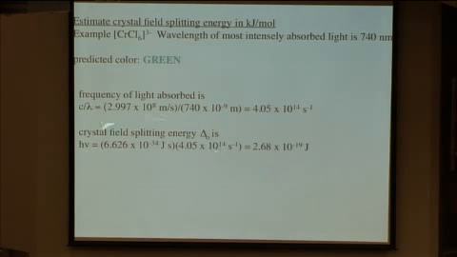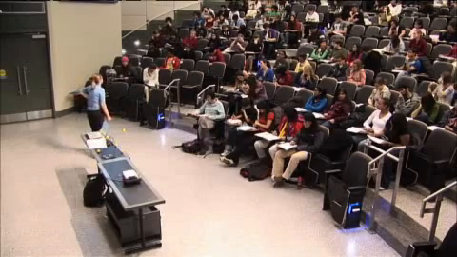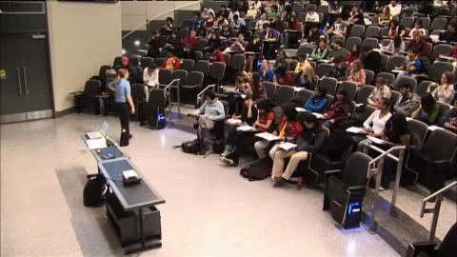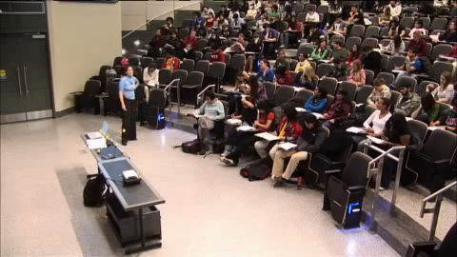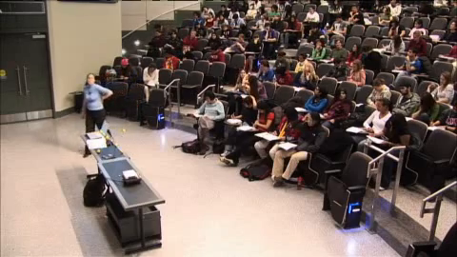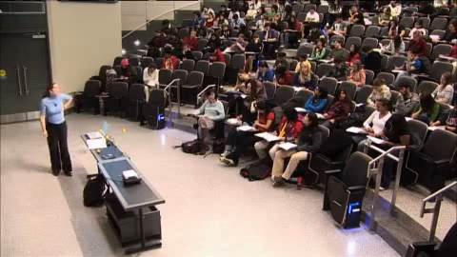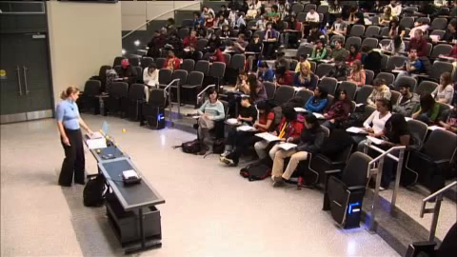And so we use Planck's constant, and we have our frequency, and we calculate 2.68 times 10 to the minus 19th joules. Am I done with the problem? What does the problem ask for? It asks for it in kilojoules per mole. And so we're not done. We need to convert to kilojoules per mole.